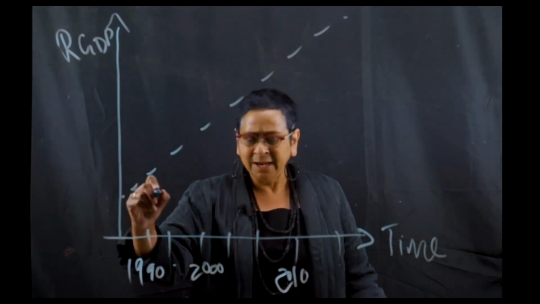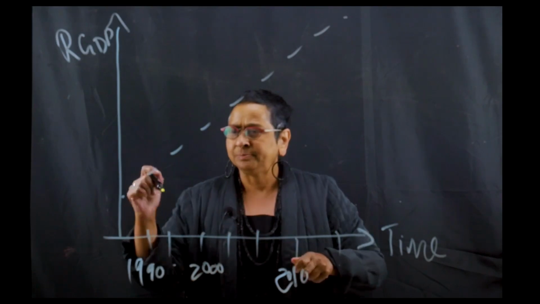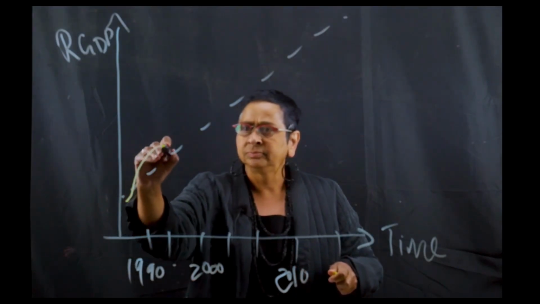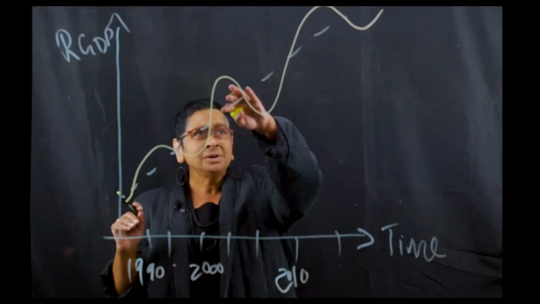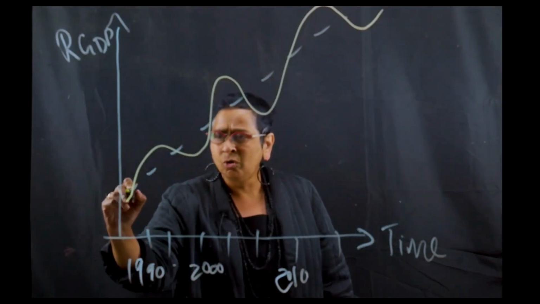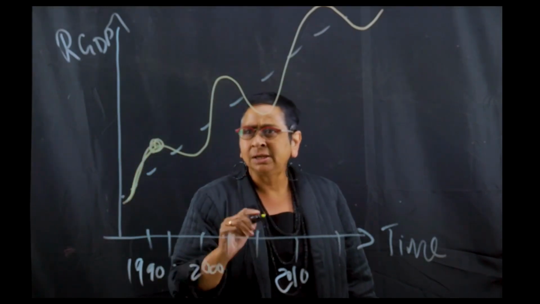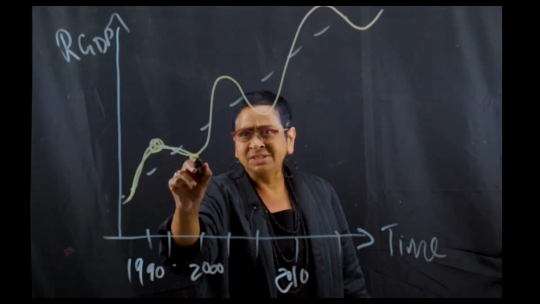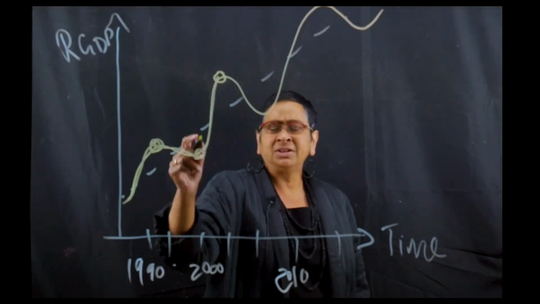Instead, the way it actually increases is a bit like this. If you look at real GDP, it goes up, it reaches a peak, and then it comes down, it reaches a trough, it goes up, and so on.